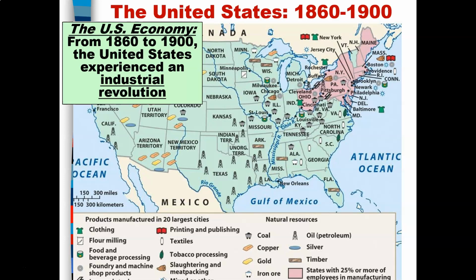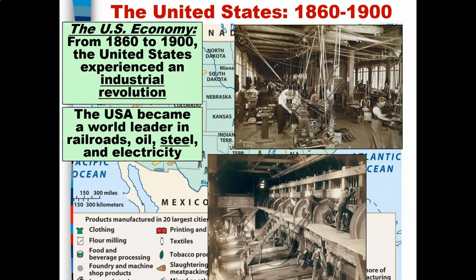As you can see here, the United States had oil, silver, timber, coal, copper, gold, and many other industries that powered the Industrial Revolution in the United States from the year 1860 all the way to the 1900s. The United States became a world leader in railroads, oil, steel, and electricity.